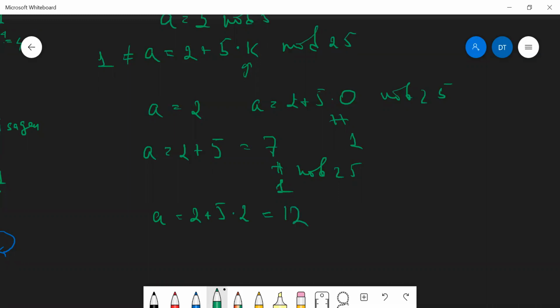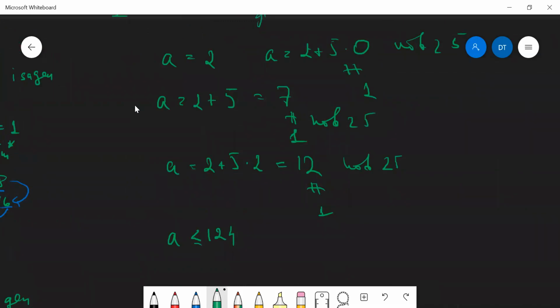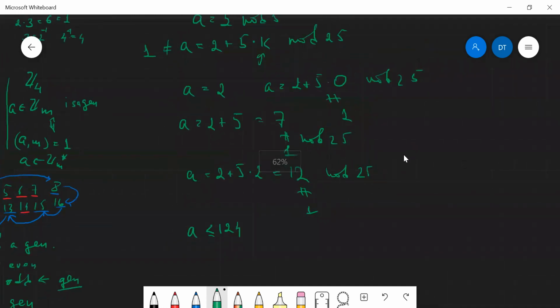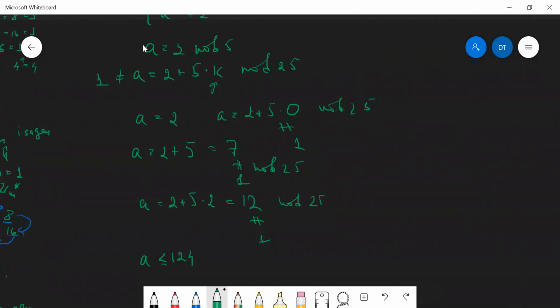Again, this is not 1 modulo 25, so this is also a generator, and so on. You go through all the numbers such that A is not greater than 124, because you want to be in the group Z125 star. This is how you get all the generators with the condition A is equal to 2 modulo 5.